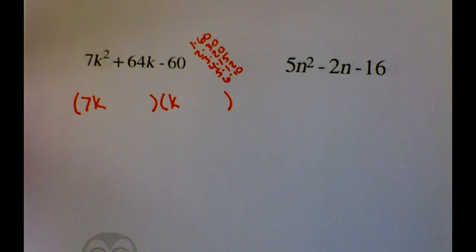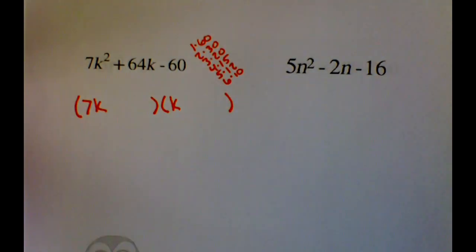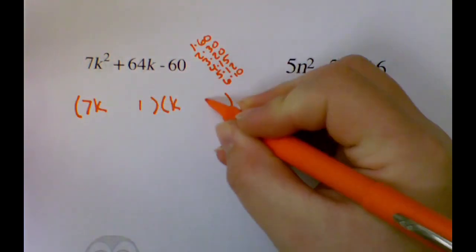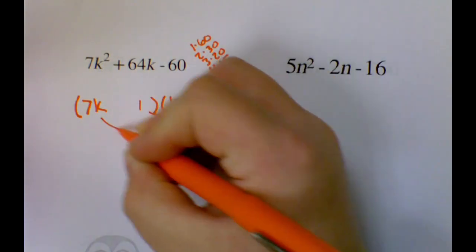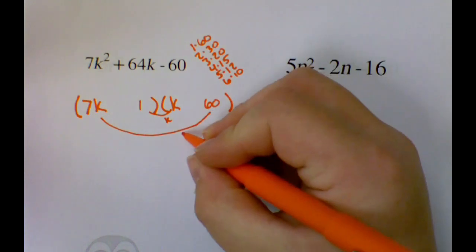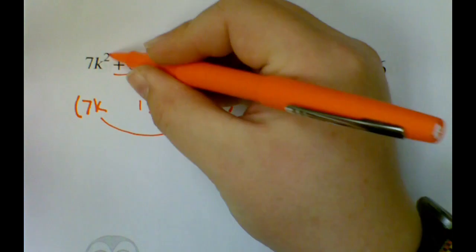So now I just have to guess and check and hope I get lucky. Worst case scenario, I go through all my options. So let's say I tried 1 and 60 first. Well, when I check my inside, I have 1k, and my outside is 420k. And there's absolutely no way that's going to make a 64k.